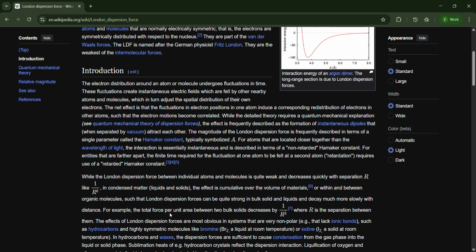For example, the total force per unit area between two bulk solids decreases by 1 upon r cubed, where r is the separation between them. Okay, so this statement basically means that if we keep two bulk solids together and separate them by a unit distance, the London force between them decreases by a factor of 1 upon r cubed. Okay.